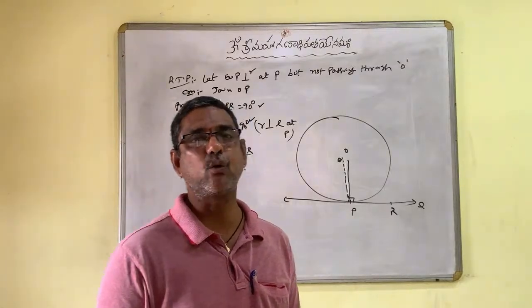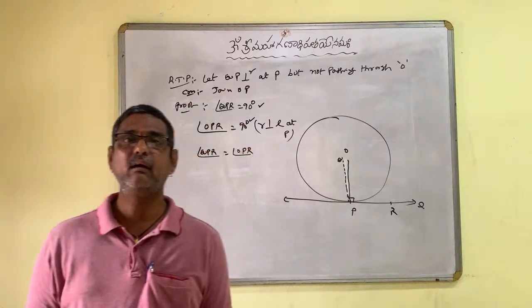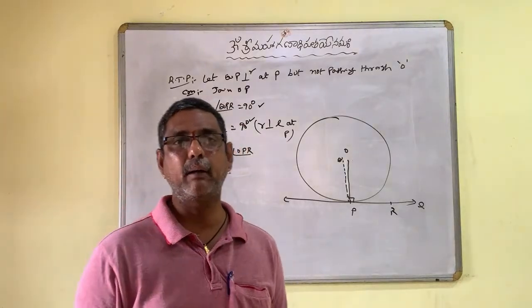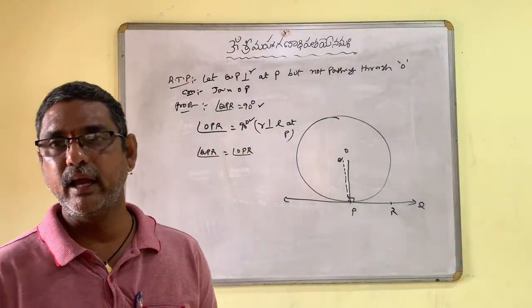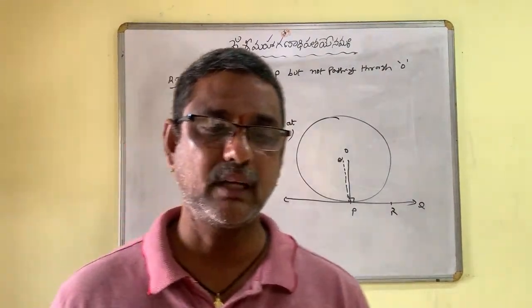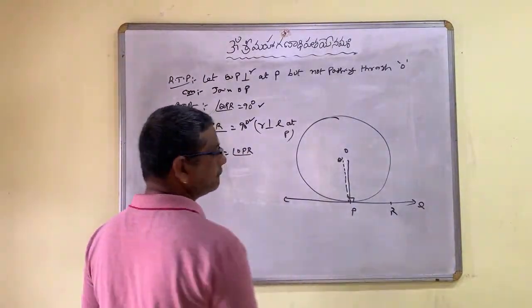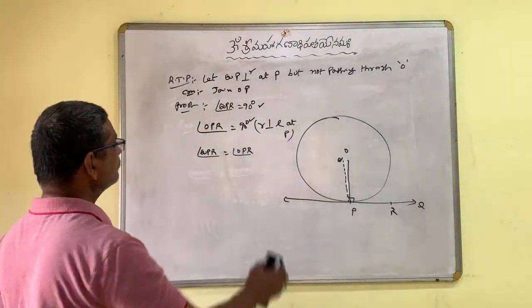So what is our conclusion? If we draw a perpendicular at the point of contact, it must pass through the center of the circle. Okay children? Next.